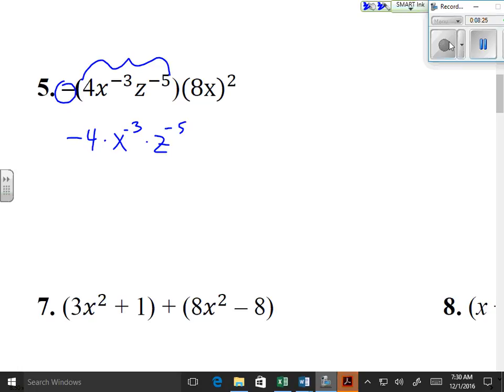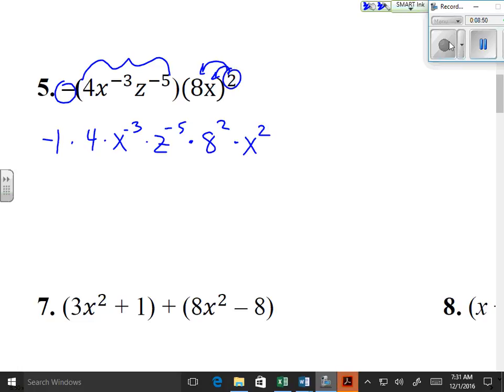So it's almost like doing this, negative 1 times that. But over here we have a squared on the outside of the parentheses. So that means that before we take the parentheses off, we're going to have to make that 8 squared and x squared.